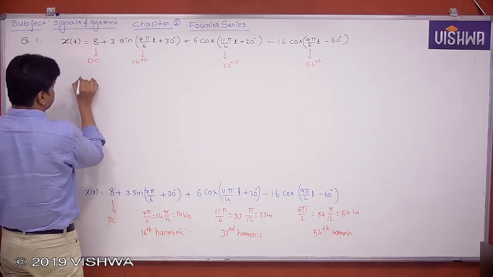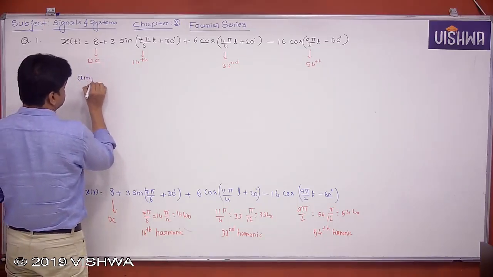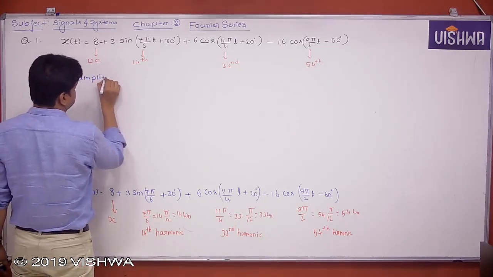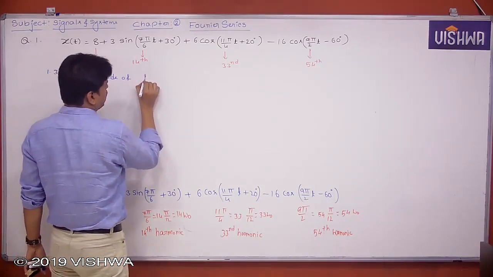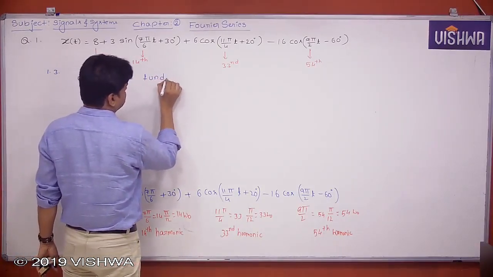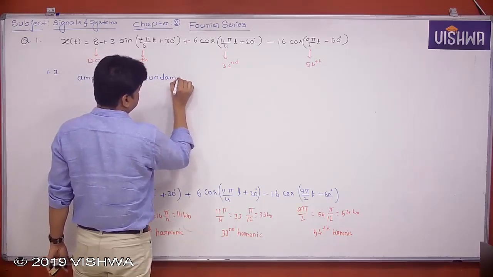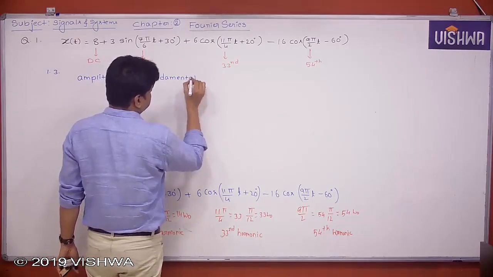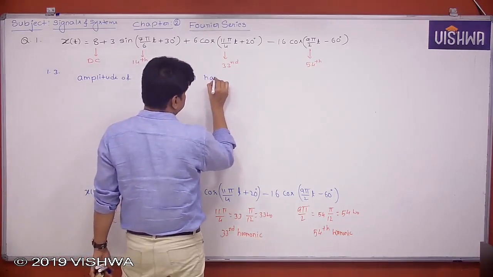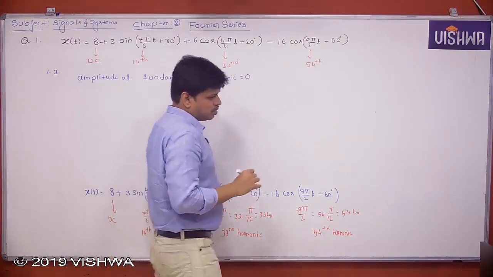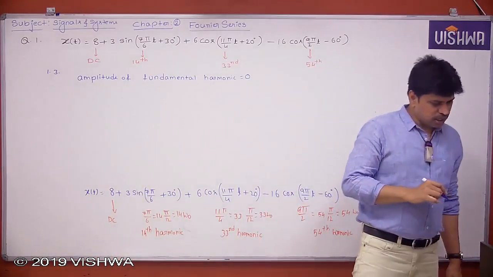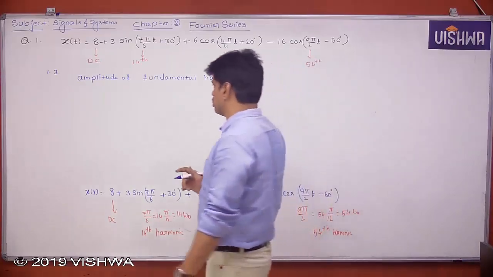So I can simply write, the amplitude of the fundamental harmonic component is equal to 0. Next, they are asking about the 50th and 54th.